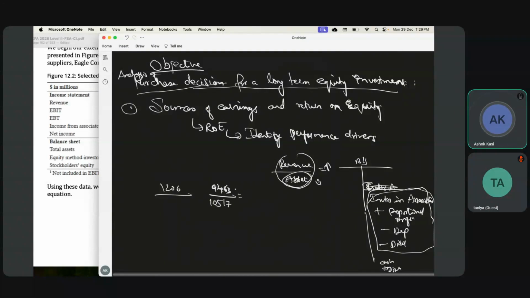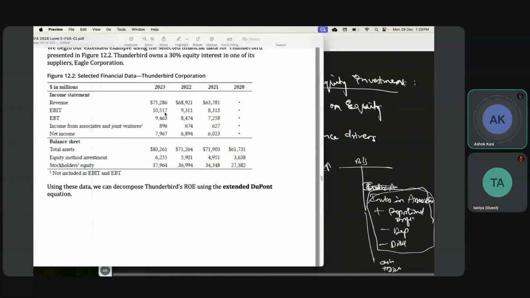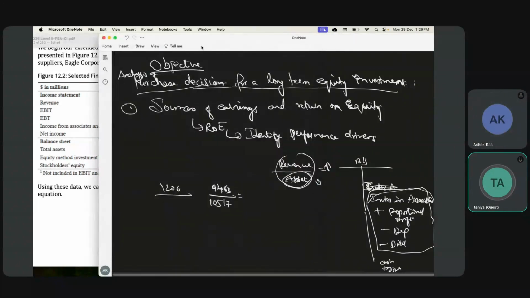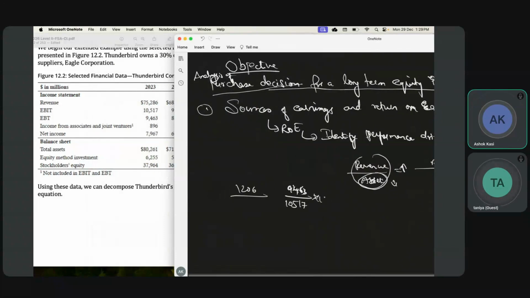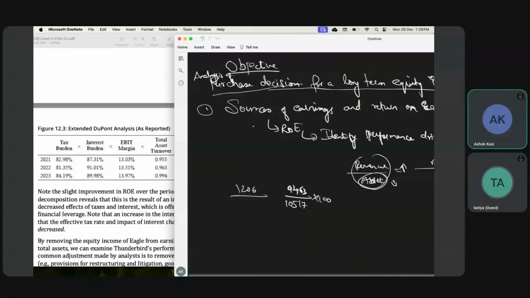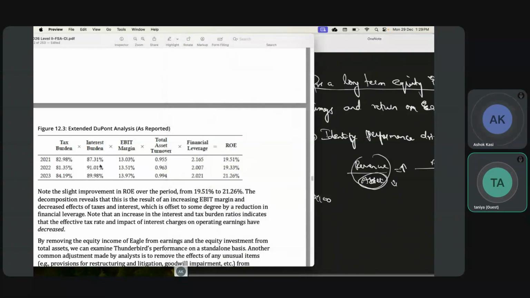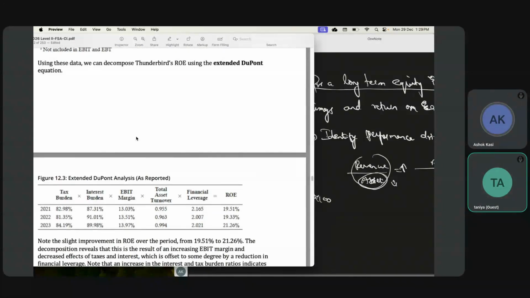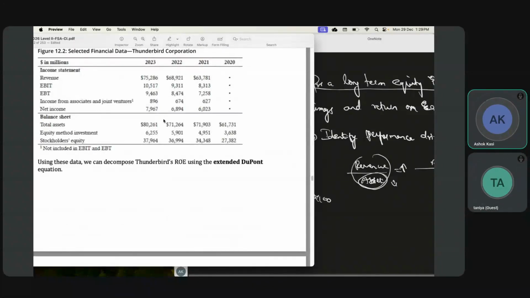Multiply by 100 for the percentage. It's 89.9%. That is for 2023. Similarly, if you want to check for 2021, you take 7258 divided by 8313.